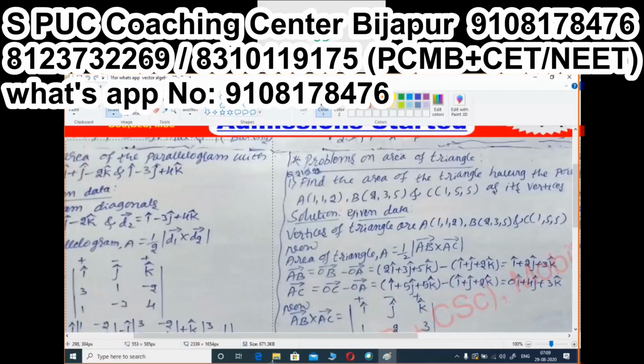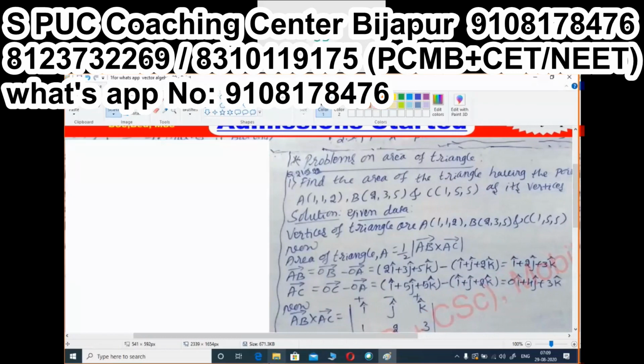Whatever the data he has given, note those as given data concerned to the vertices. Solution. Given data, vertices of a triangle he has given. So anyway, name ABC he has given.